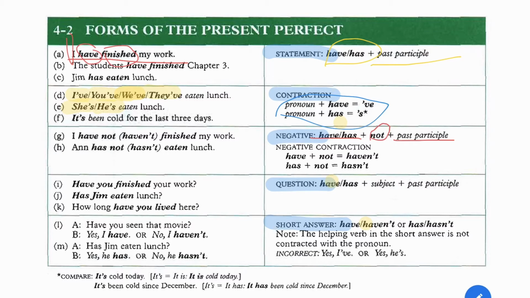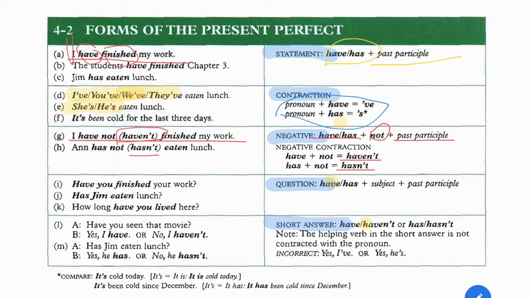Have not can be contracted into haven't, has not into hasn't. Just like the example in G, I have not finished my work, or in the contracted form, I haven't finished my work. The same case in example H, Anne has not or hasn't eaten lunch.